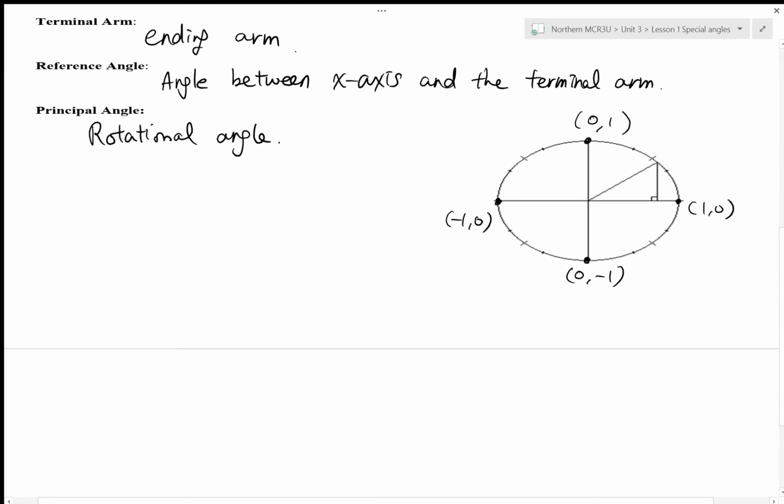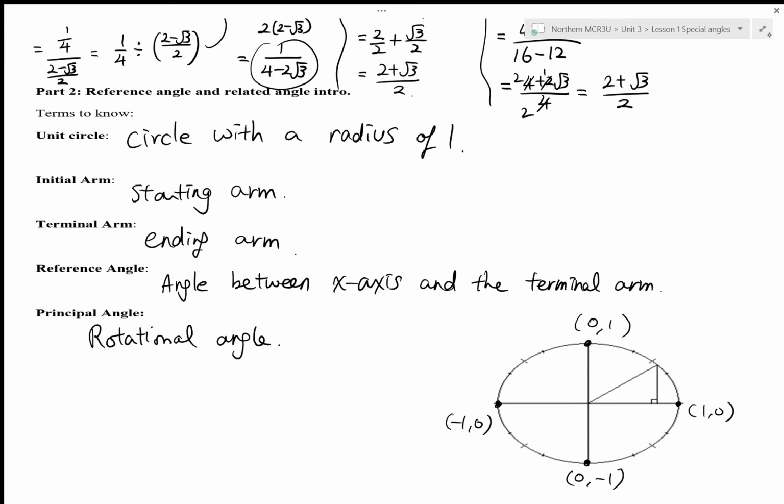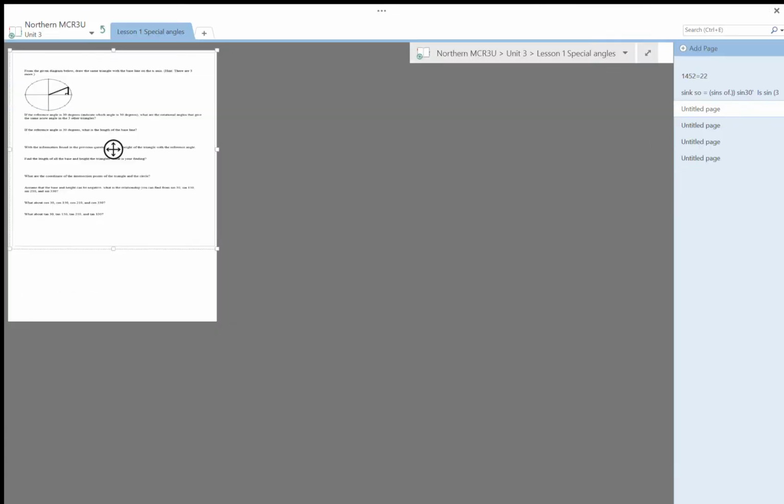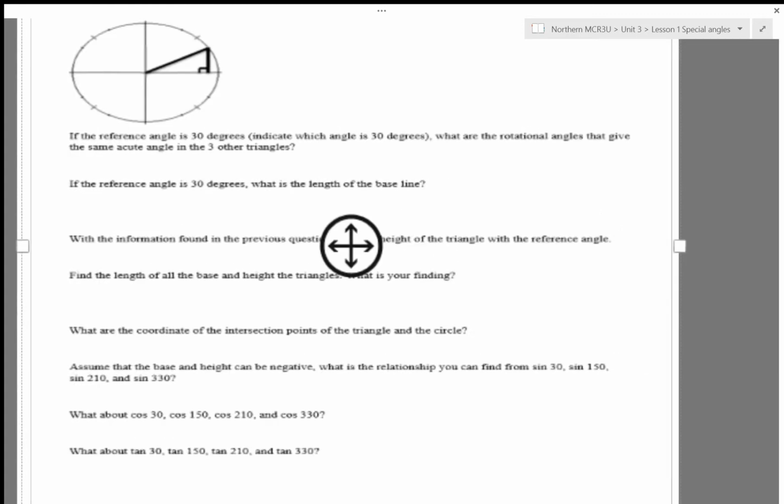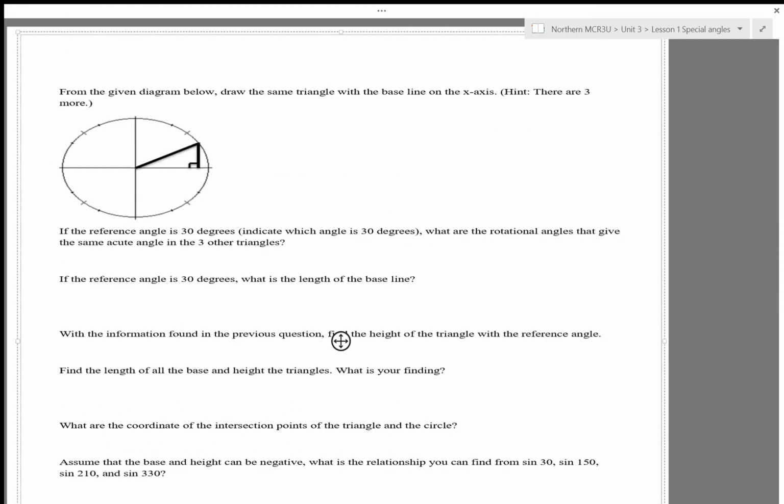Now, having said that, let's get to the next page. So we're going to go through an investigation, but I'm just going to explain through this. So here we have a unit circle with a terminal arm rotated from the initial arm. Now, from the given diagram below, draw the same triangle with the baseline on the x-axis.